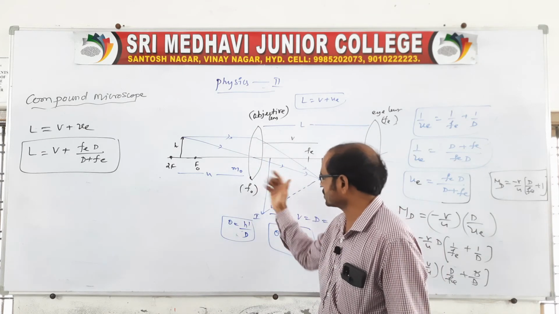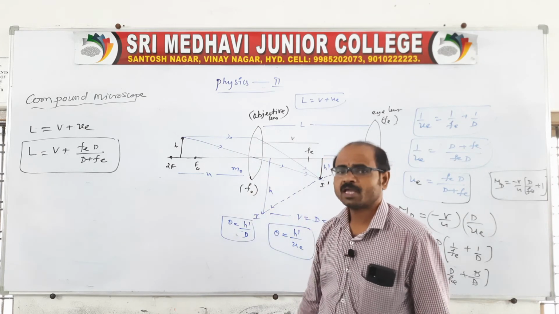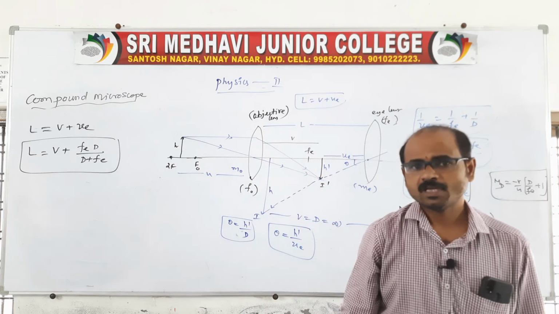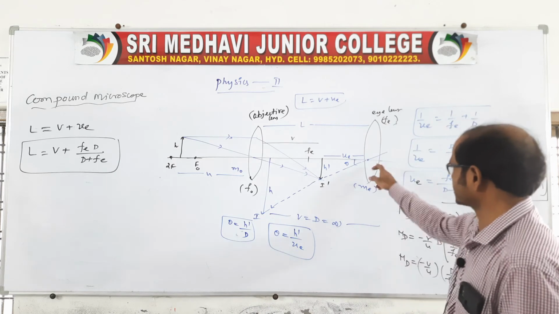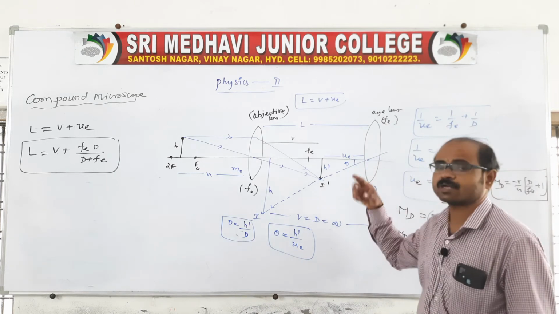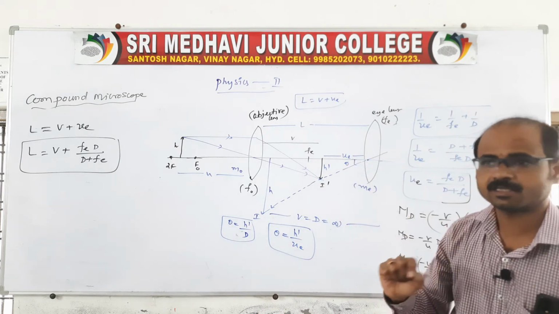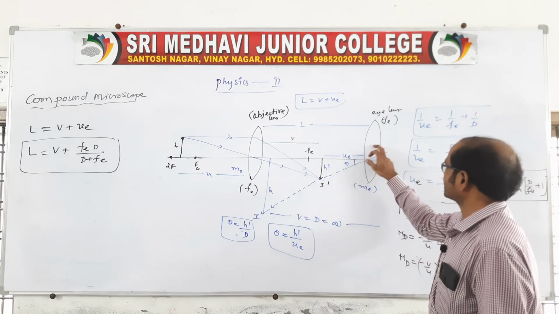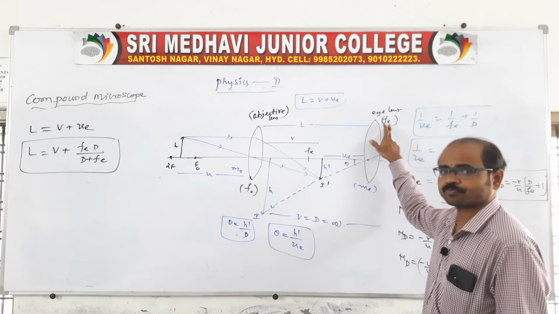The focal length of the objective lens is f0 and its magnification is m0. The other lens, which is towards the eye, is the eye lens. For this eye lens, the magnification is ME and the focal length is FE.